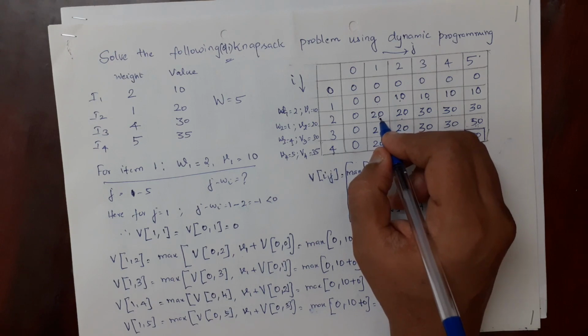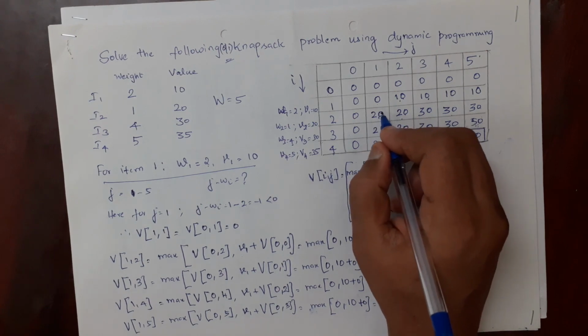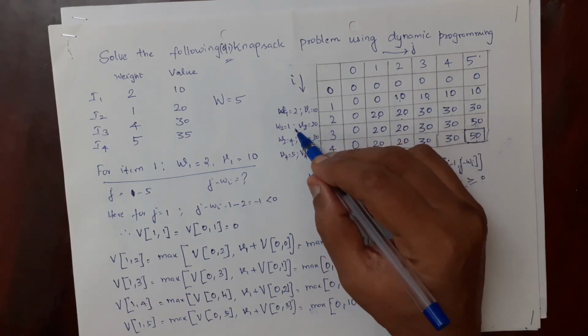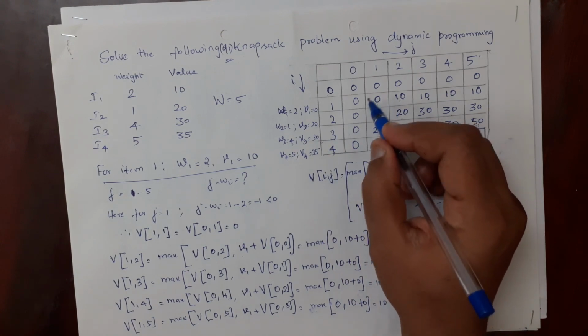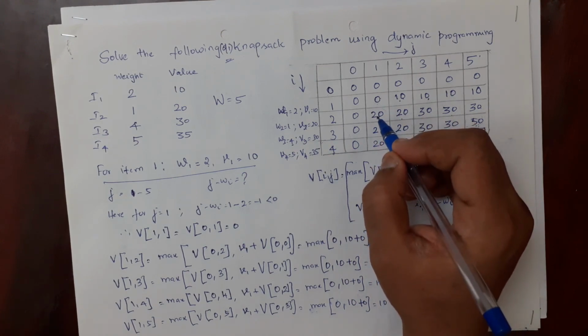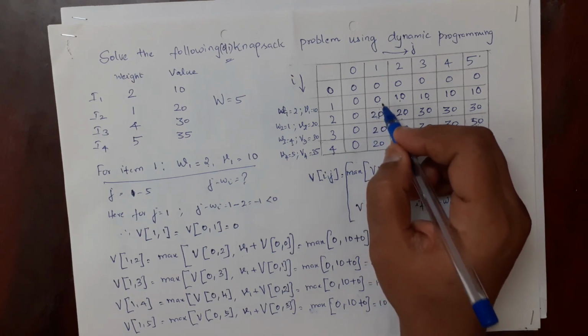So next you have to check, in order to fill the remaining items, whether I am going to include the second item into the sack. For this I have to refer to the previous row. Here it is 0. After including this second item into the sack, the value of the sack increases by 20.